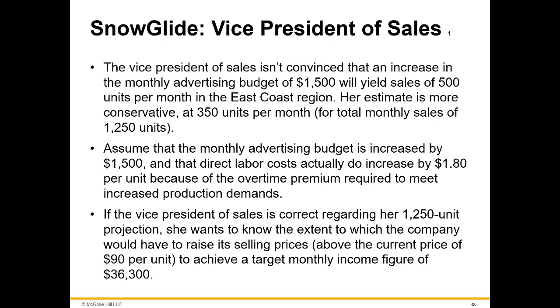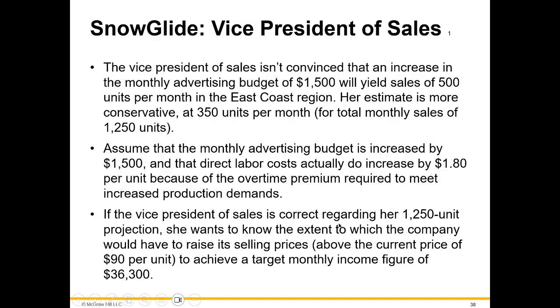Okay, so let's continue here. The Vice President of Sales is convinced that an increase in the monthly advertising of 1,500 will actually produce 500 units, and our estimate is more conservative at 350. So monthly advertising is 1,500 and the direct labor does actually increase. All right, what does that mean?